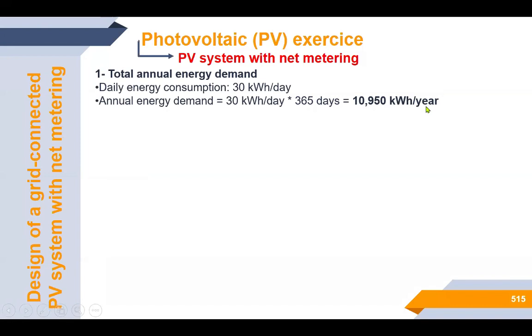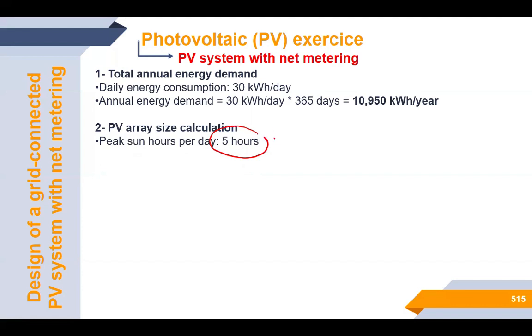Okay, so the second question is to design and calculate the PV array size based on the available radiation. It's also very simple. We have, of course, the available radiation of 5 hours, which means 5 kilowatt hour per square meter per day.